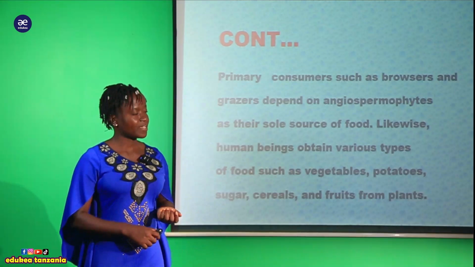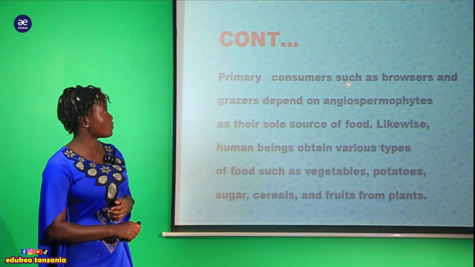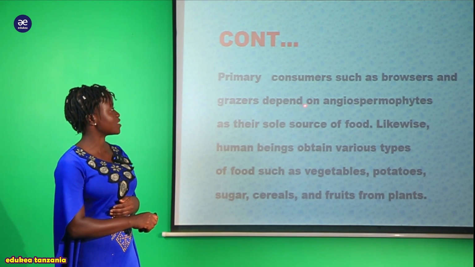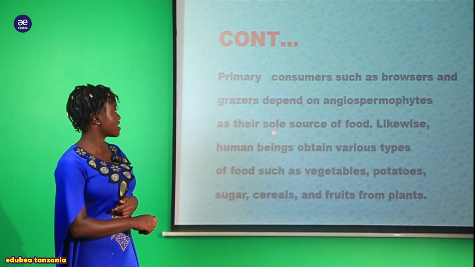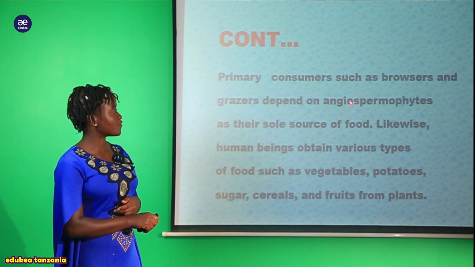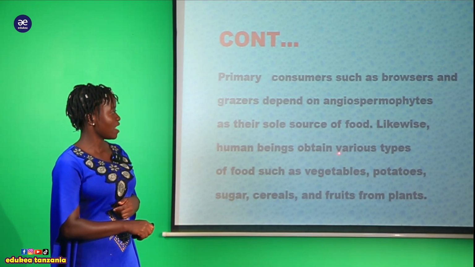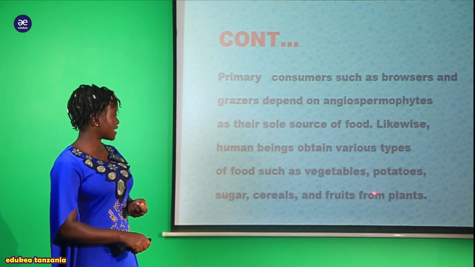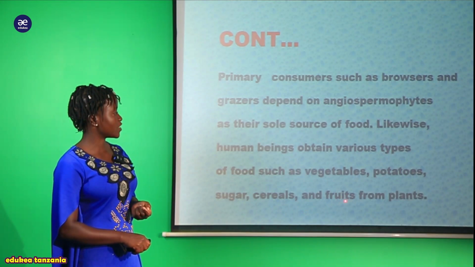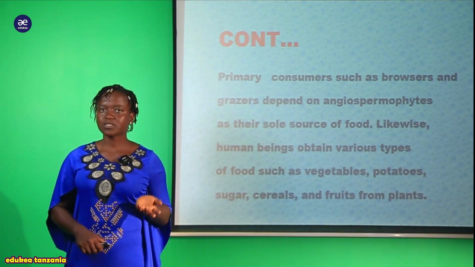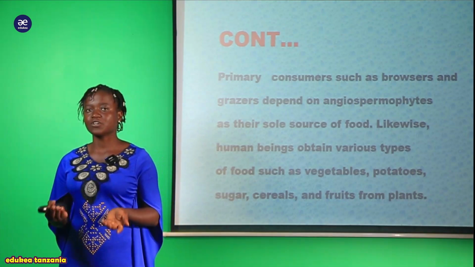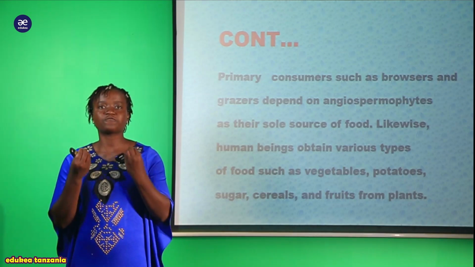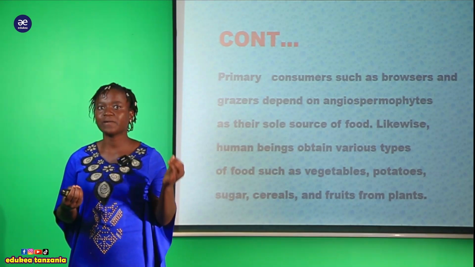So here we are saying that primary consumers such as the browsers and the grazers depend on the angiospermophyte as their sole source of food. Likewise, human beings obtain various types of food such as vegetables, potatoes, sugar, cereals, and fruit from the plant. So unaweza ukaona kwamba even the human being, us, me and you, my student, we depend on food from the kingdom plantae.